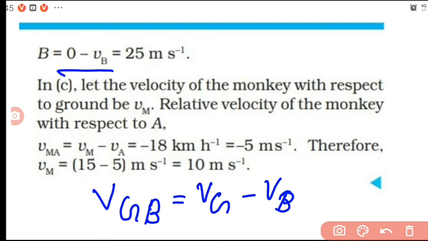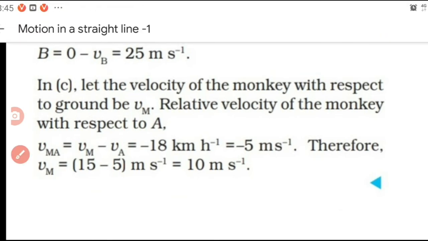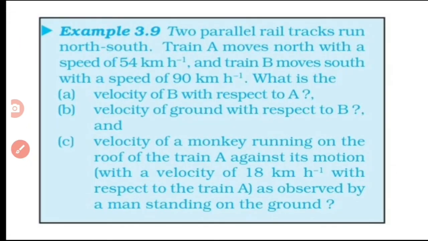Now for the third question, we have a monkey's case. You are asked to find the velocity of a monkey running on the roof of train A. The monkey is on the roof of train A and it is running against its motion.